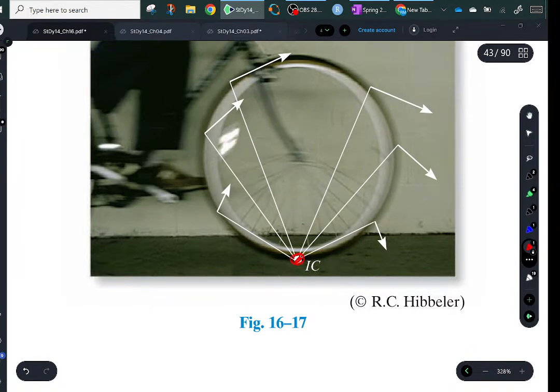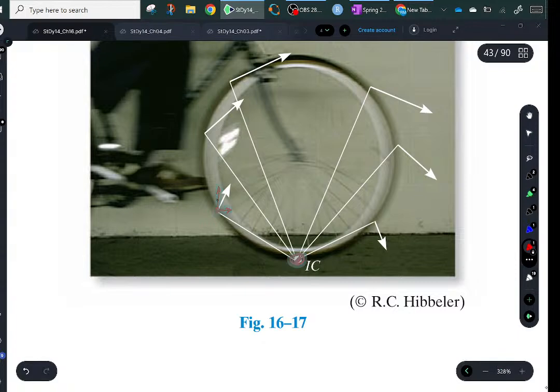It's the only spot in the snapshot that has zero velocity. Every other part of the bicycle is moving to some degree. Over here at this part of the wheel, it is moving a portion to the right, but it's also moving up because the wheel is rotating.